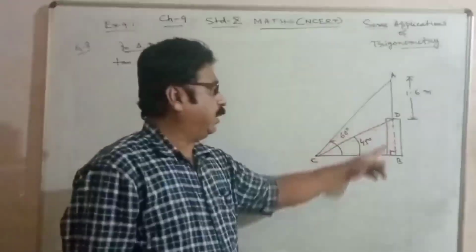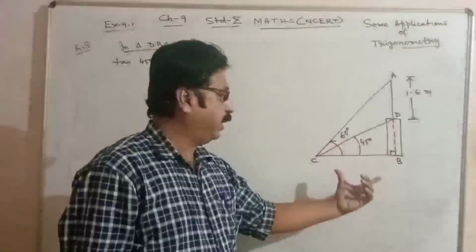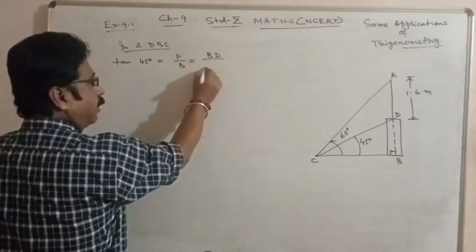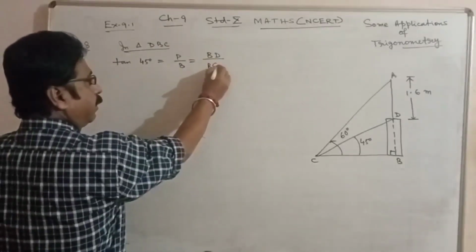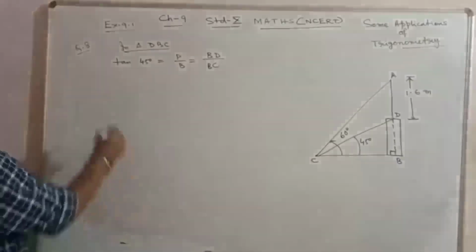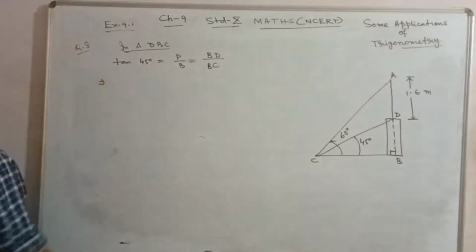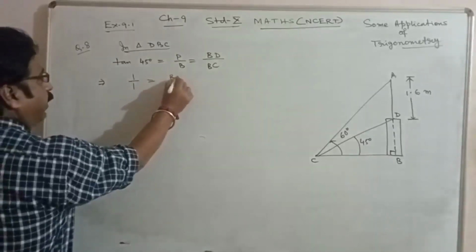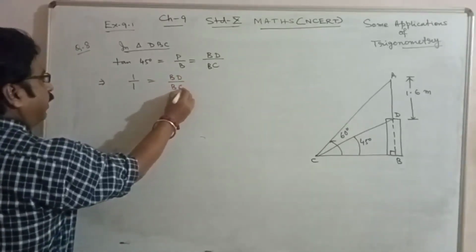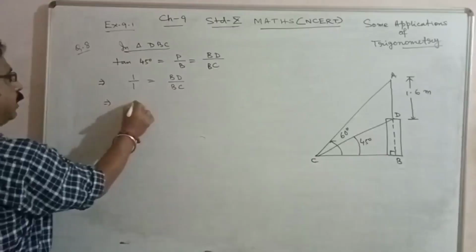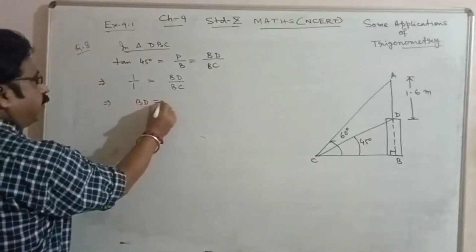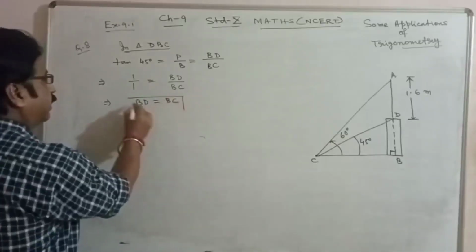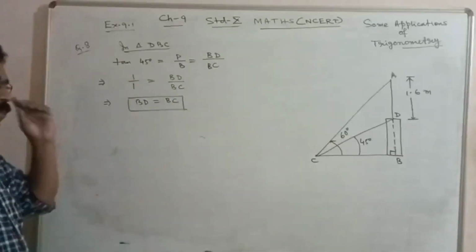For DBC, perpendicular is BD, base is BC. BD upon BC. Tan 45, it will be 1. We can write 1 upon 1, BD upon BC. We can write BD equals to BC. This relation we got from the triangle DBC.